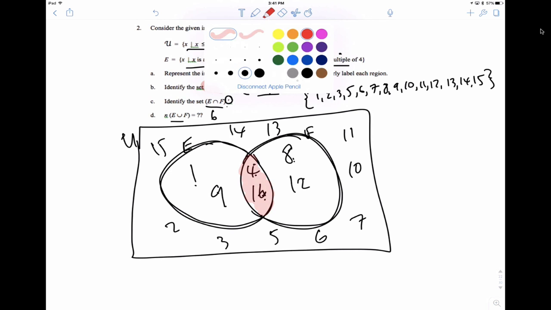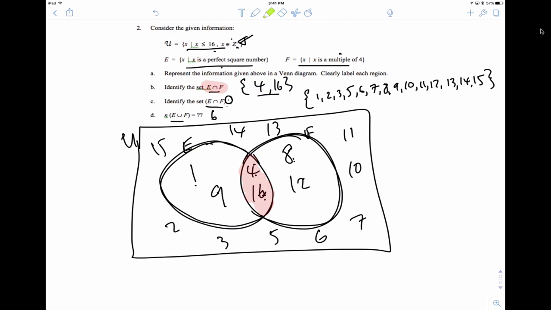The complement of that is everything else. Both the set notation that I just did above and this can be useful.